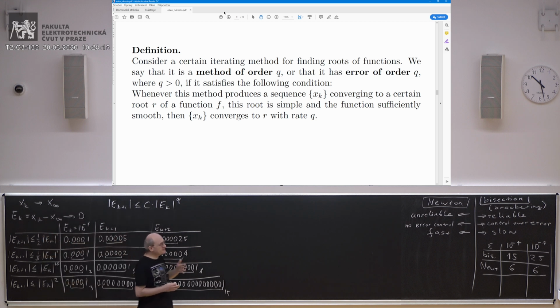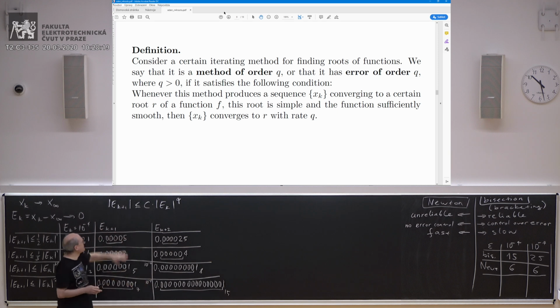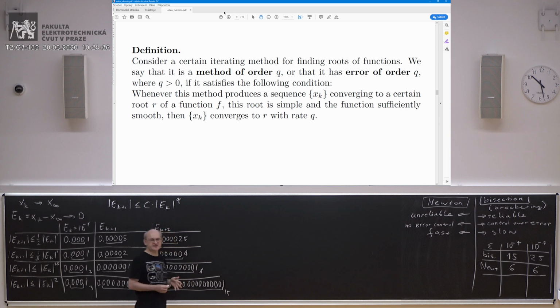So if we just said, okay, the speed of the method is determined by how fast those sequences go, the roots of higher multiplicity would spoil it for us, because they would force us to say, okay, all the methods go as fast as the bisection method, essentially. So if you want to see the true strength of a method, we have to disregard the roots of higher multiplicity. They are causing trouble anyway, we know it. And ask about simple roots, because there we see the strength of the method. So that's the first restriction.